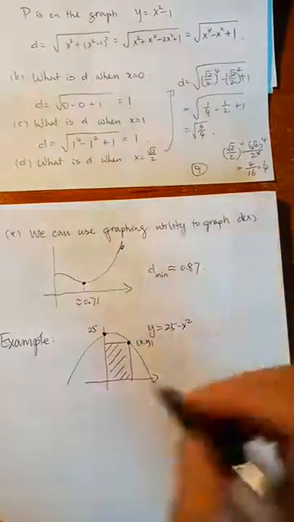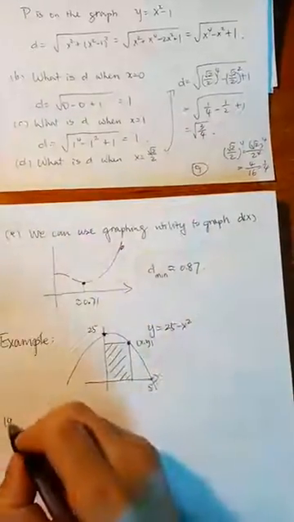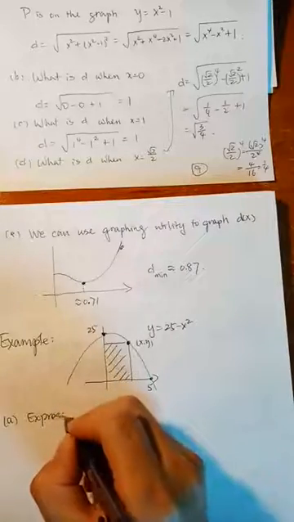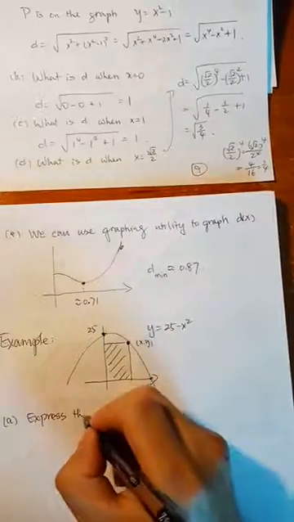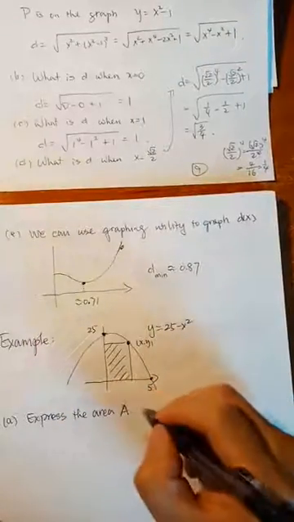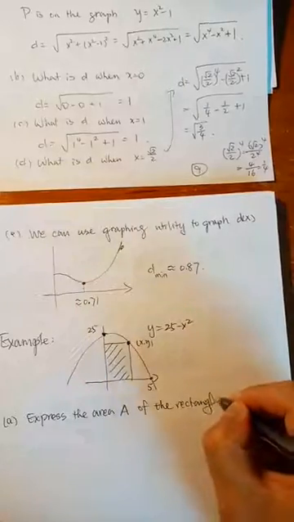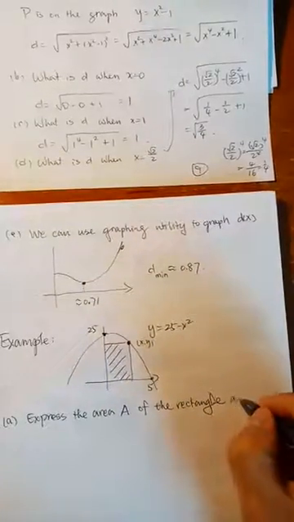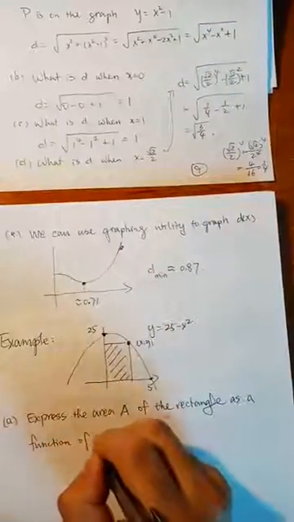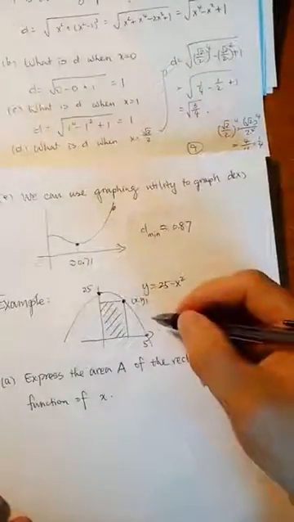This point is 5. We want to express the area A of the rectangle as a function of x. Okay, so area of the rectangle as a function of x.